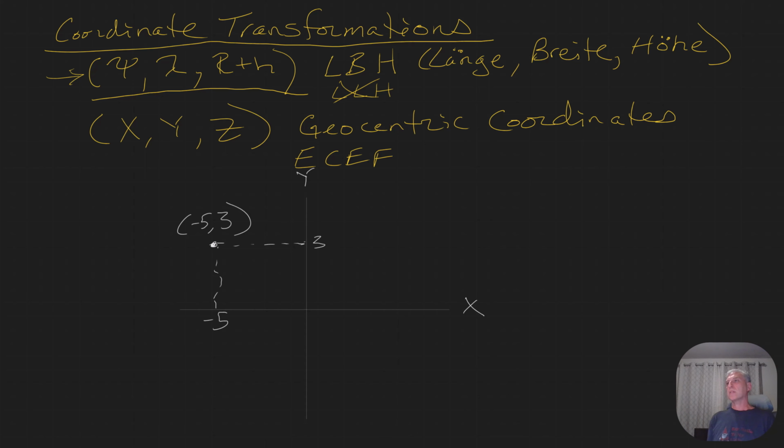Super simple. We've done that since 5th or 6th grade. Well, we can certainly extend this to 3 dimensions, right? If we were to imagine an axis coming straight at us out of the middle, then we could report that we also have a z component. And this is all review. If this point, negative 5, 3, were to lie on the xy plane, then we could say that it has negative 5, 3, 0 as its 3-dimensional Cartesian coordinates, right?